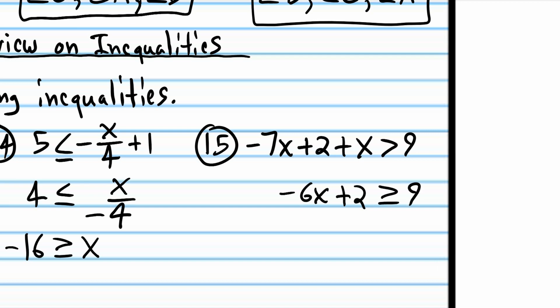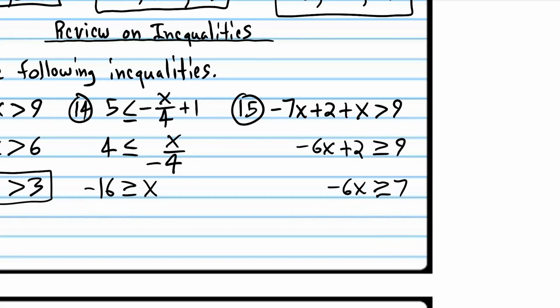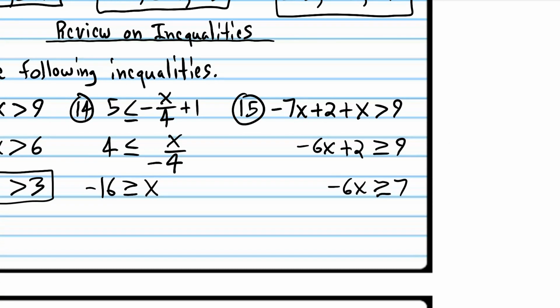So we combine the x's, and then we're going to subtract 2 from both sides, and we get -6x is greater than or equal to 7. And then we're going to divide both sides by -6. Now remember, if you divide or multiply both sides of an inequality by a negative, then you have to flip the inequality. Notice how I flipped the inequality?